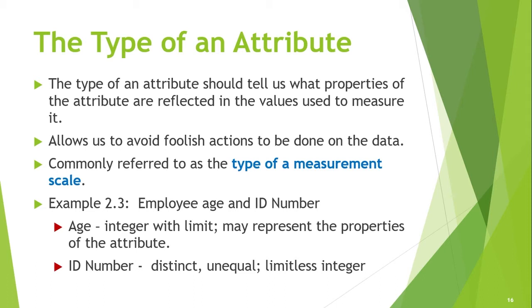Pero ibig ko sabihin, walang average ID number. Merong average age. So, yan yung sinasabi dito na it allows us to avoid foolish actions to be done on the data, pag alam mo yung type of an attribute. So, if you know what an ID number is and you know what age is, you'll know. So, hindi mo kukunin yung average ng ID number because you know what type of an attribute that is.